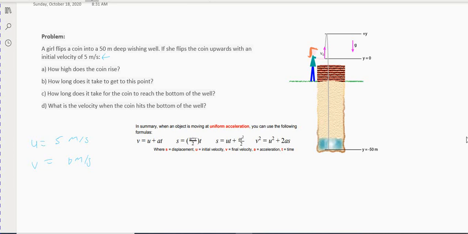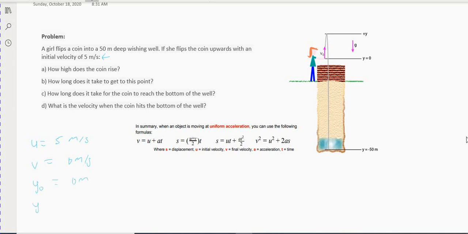So in order for us to do that, we know that information. Now we also know this. Now we're talking about things regarding the vertical. We know that y naught, or the initial displacement, is actually 0 meters.